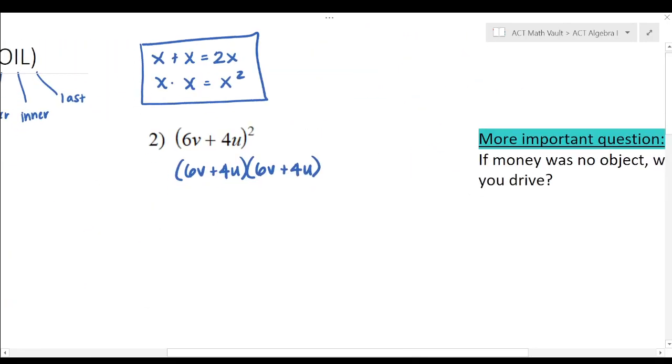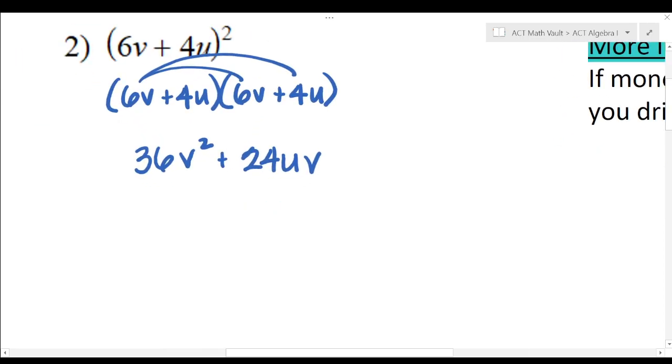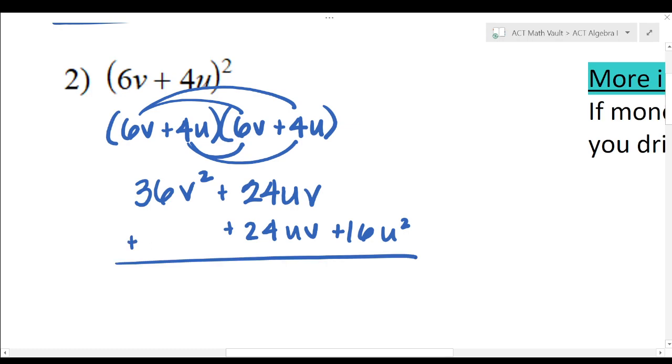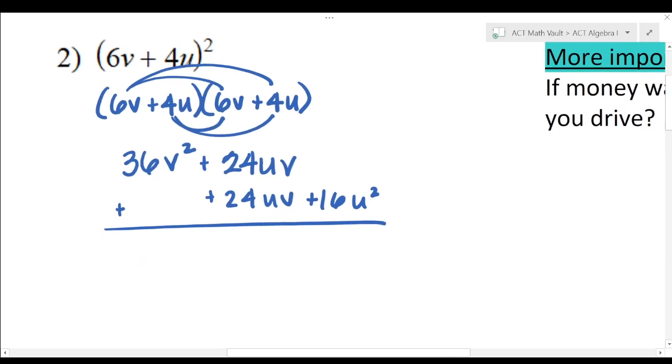But look, the answer should be, remember first, 36v squared; outer, 24uv. Ooh, we have 2 variables going on. Then these 2 together, 24uv, then 16u squared. Add them together. Remember, adding is our next step.